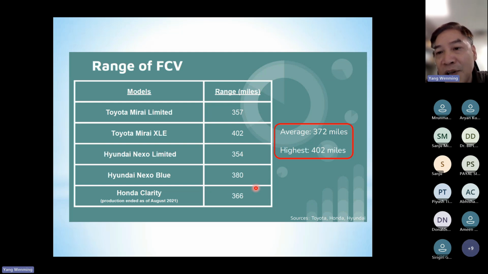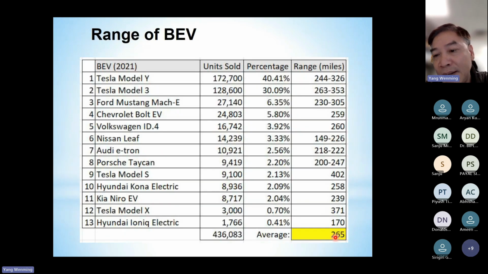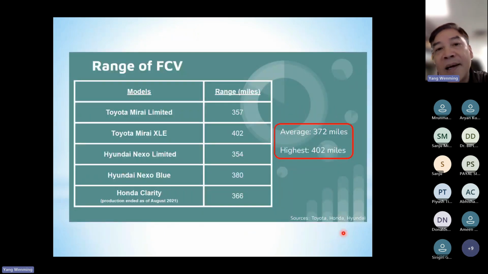So the average is about 372. It is much higher than that of electric vehicles, correct? Electric vehicles are only 265, and fuel cell vehicles can cover 372 miles.